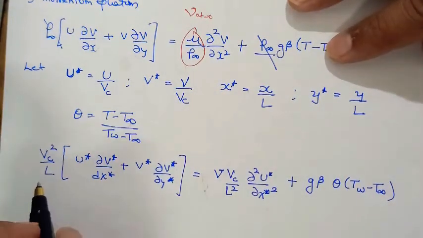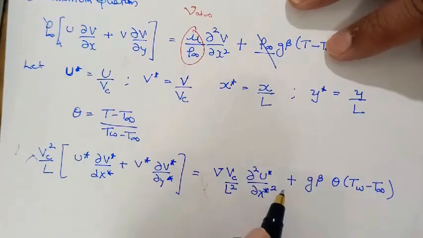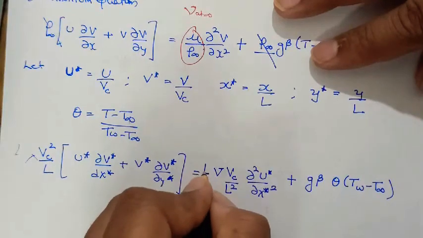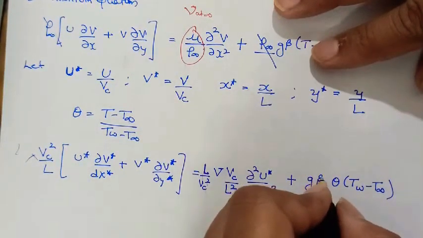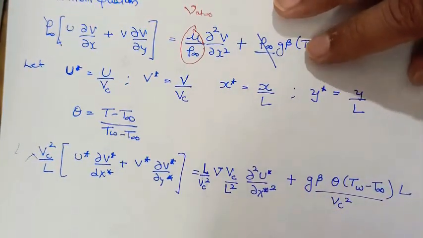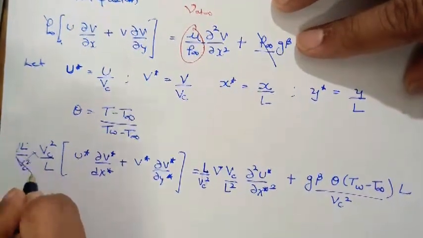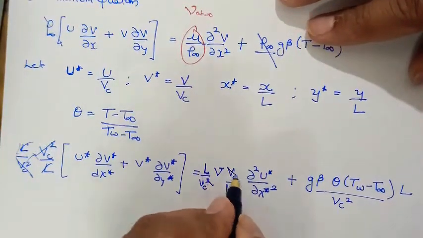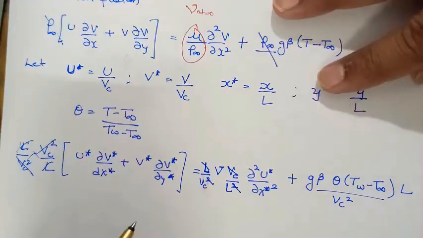And if I multiply by L by Vc square, what will I get? I'll get L by Vc square here, and here I also get L by Vc square, right? So this will cancel out. Here one Vc and one L will cancel out, right?